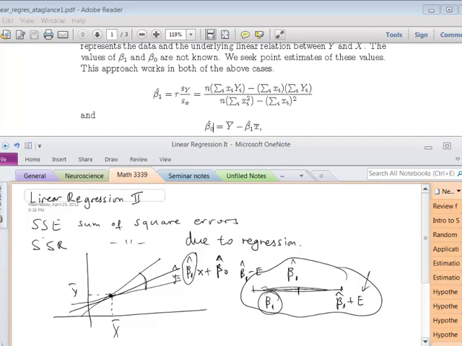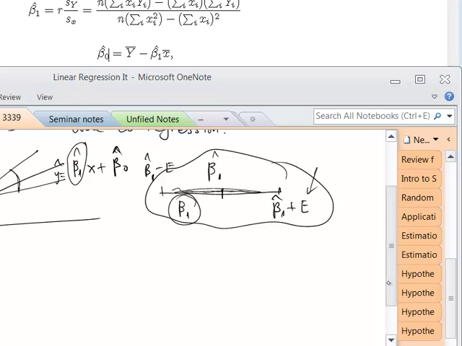Now, we mentioned that before, and I need to mention it one more time. Before you solve a problem of linear regression, you must check whether linear regression is relevant or not. For linear regression to be relevant, you must be able to verify that the correlation coefficient, which is also called the linear correlation coefficient, the other Greek letter that we've learned, rho, is non-zero.